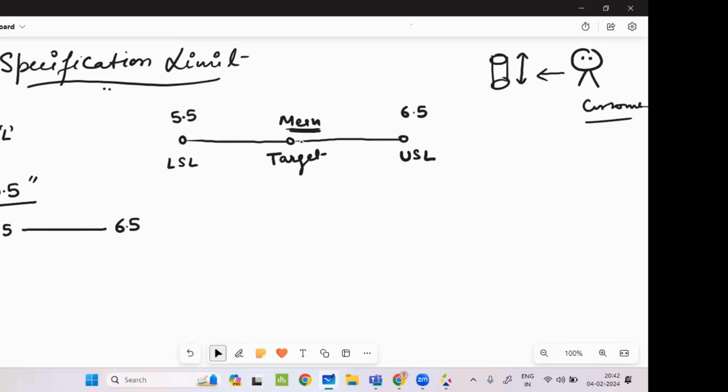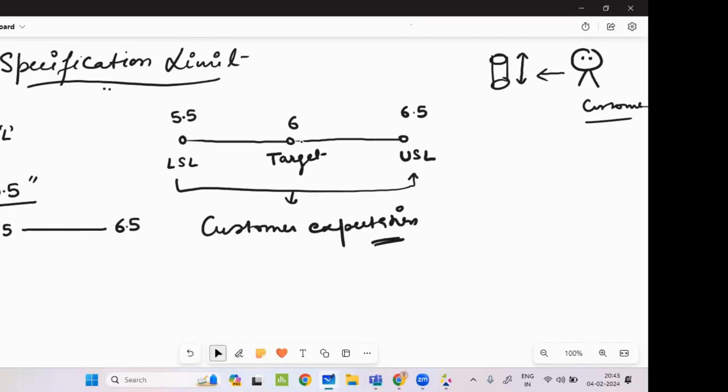Till now, the customer is only sharing their expectation from the product. So it cannot be the mean, since mean is the performance. It is a target, what the customer wants from the product. So typically the target here is 6. Good, now we understand what a specification limit is.